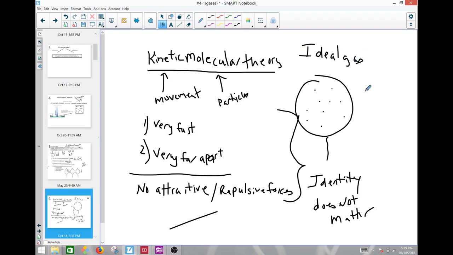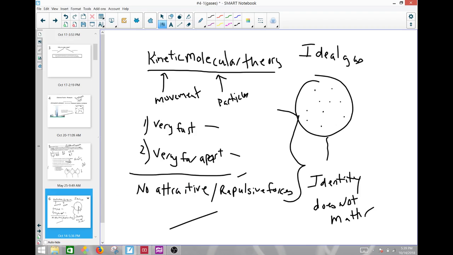So an ideal gas is one that's traveling very fast, very far apart, and there's no attractive or repulsive forces between the particles, and therefore all the particles act the same, and every particle is just a particle. It doesn't matter if it's a carbon dioxide particle or methane. We call that an ideal gas.